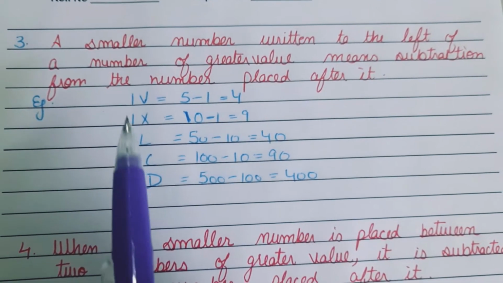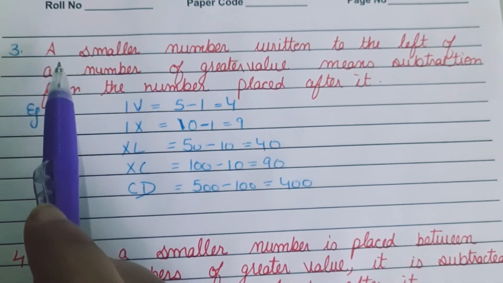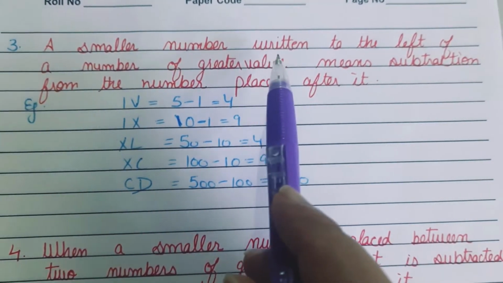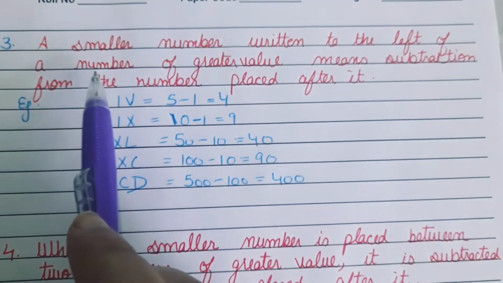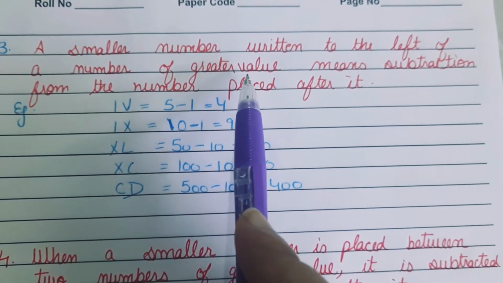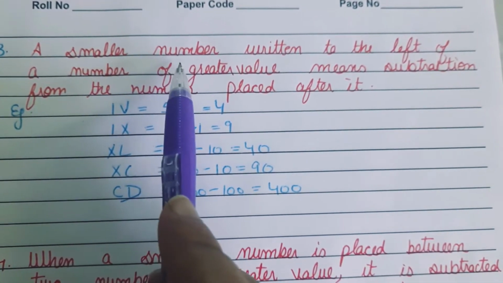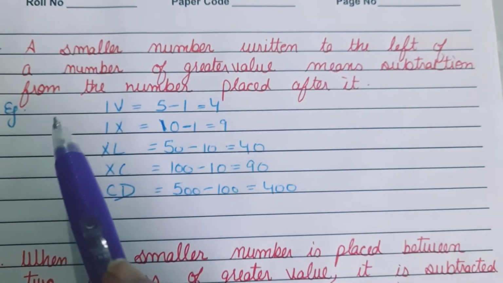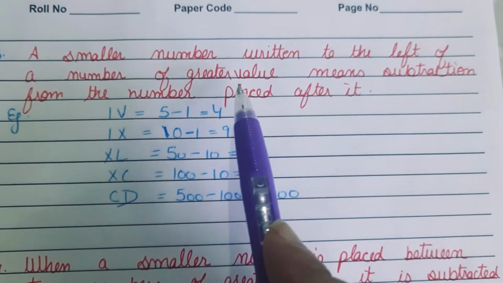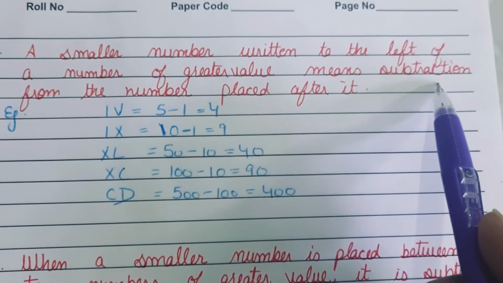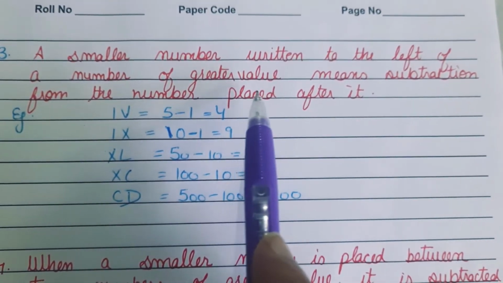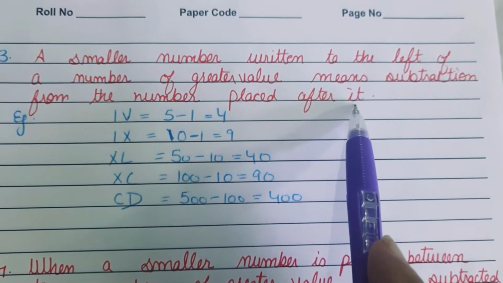So students, the third rule is that a smaller number written to the left of a number of greater value means subtraction from the number placed after it. Right, students?